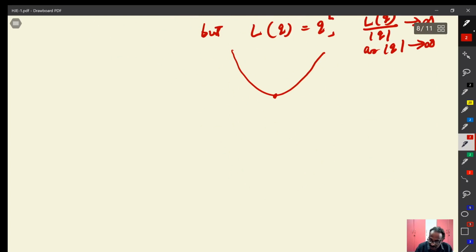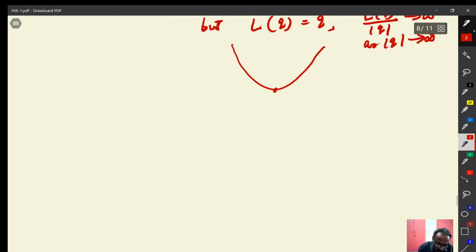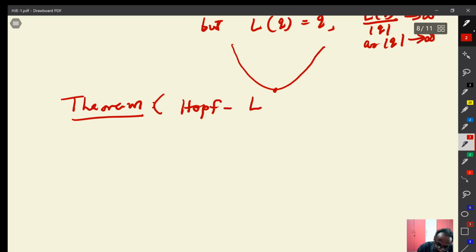So let me state a theorem. I thought I will prove the theorem also here, but I will not be able to complete the proof here. The theorem is the Hopf-Lax formula. Maybe I will try to prove it, and take a little extra time.